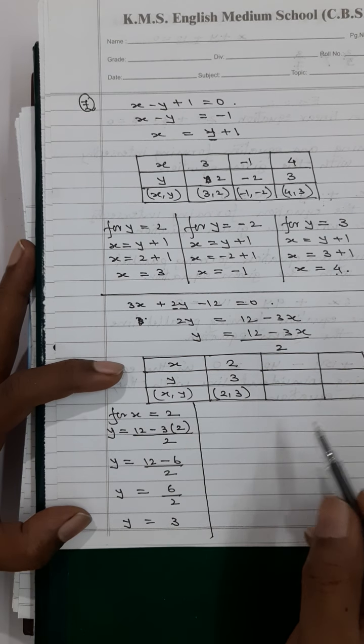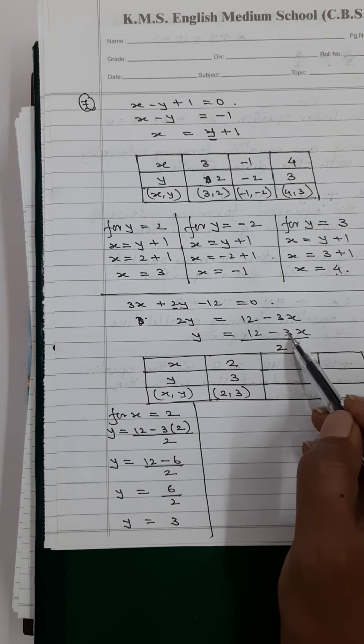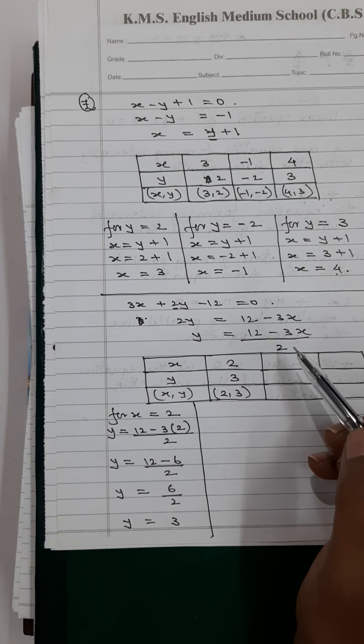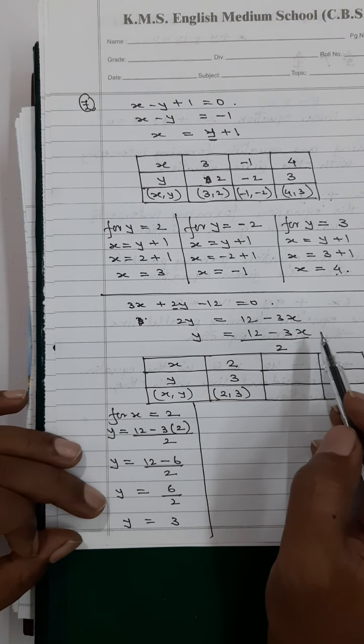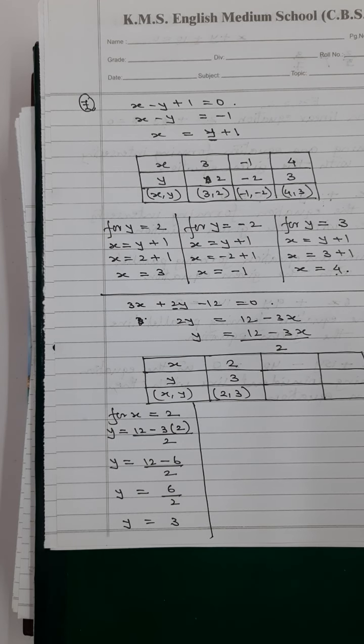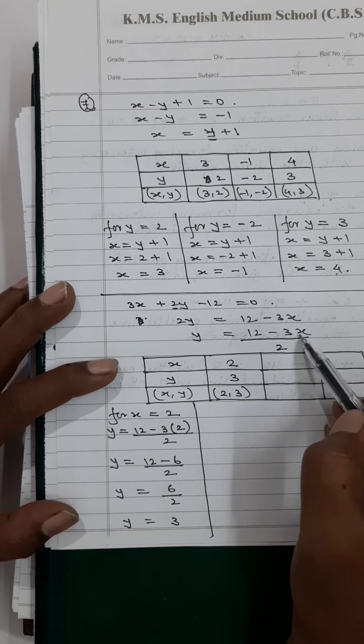Now if I go for a higher number, 4 3s are 12 minus 12, 0, y is equal to 0 I will get. I do not prefer to have these types of numbers for x and y, because we are going to define the triangle. So it is better that we keep x and y coordinates away from 0. So 4 is over.